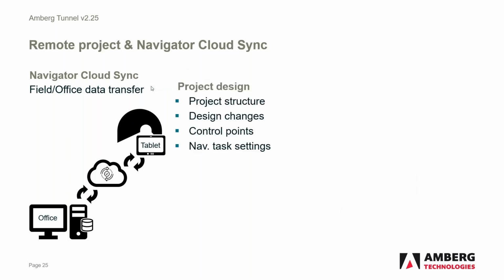And the synchronization process takes care of a two-way synchronization. So if you in the office are making changes to the project structure, how you organize the project, or you're doing design changes, for example, the horizontal alignment or the vertical alignment can change, and often does. The theoretical profiles are often changing and being updated.